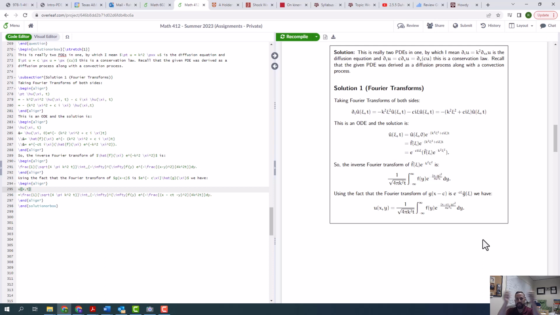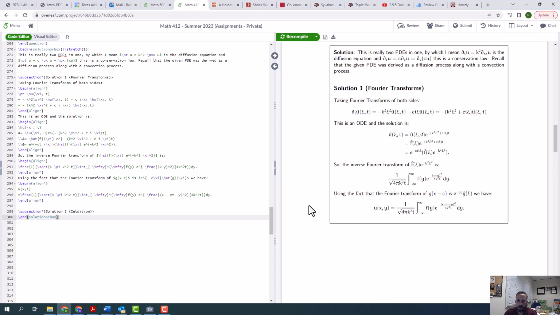So the x minus ct is the diffusion process, the solution to the diffusion equation, but this is also moving at c meters per second, and so after t seconds, it's going to be moved along ct units to the right. Okay, solution method 2 is basically just a guess that this is what the solution is going to be. How can we do that? We're going to use intuition about what it's actually modeling.